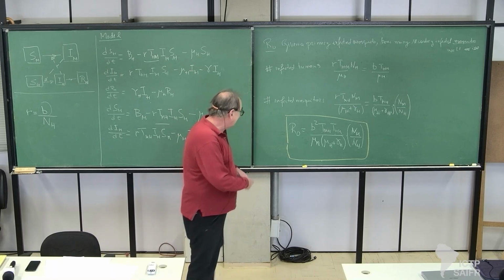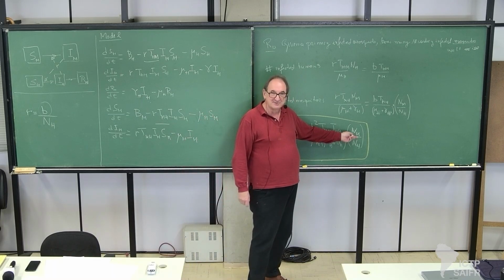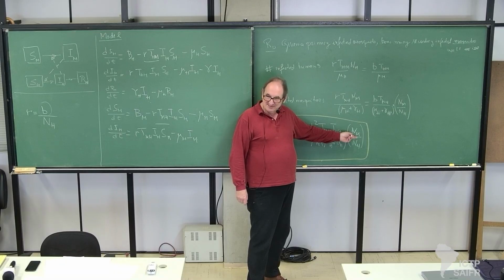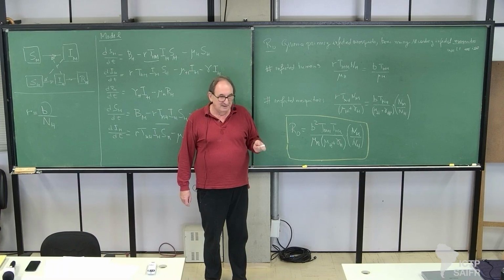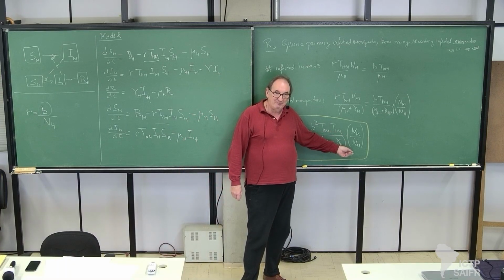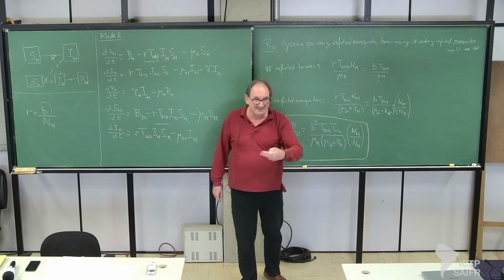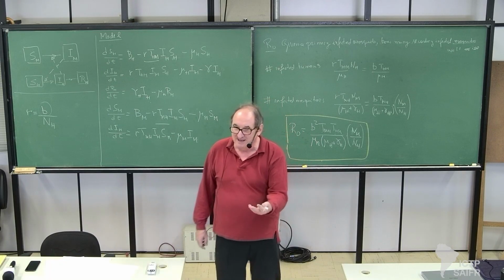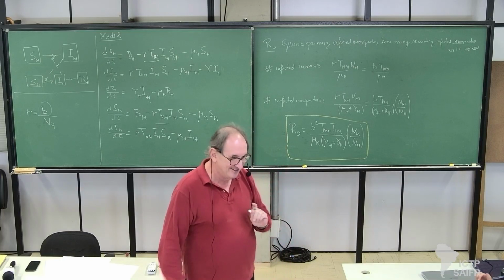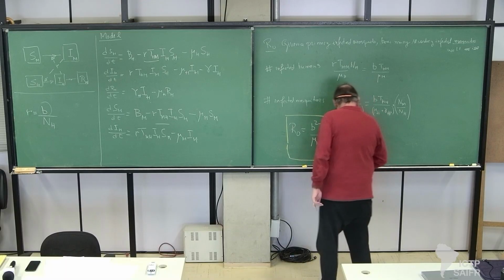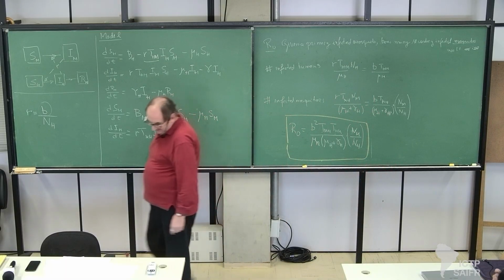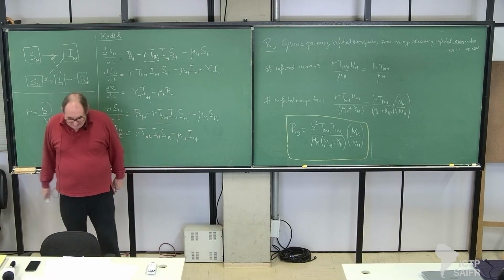Therefore, there's a threshold value for the number of mosquitoes. You have to have enough mosquitoes in order to generate an epidemic. And also, if the number of human individuals increases, you decrease the R0. Okay? That's nice.